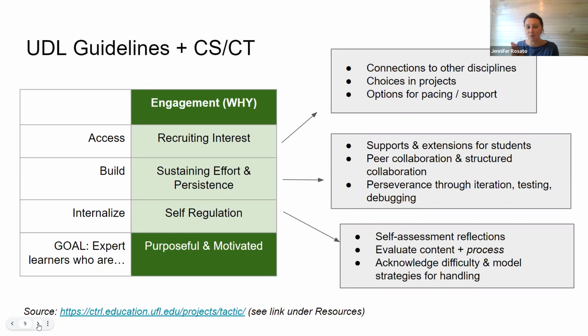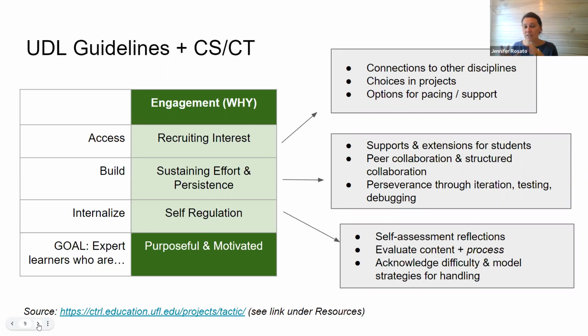And so, being able to allow the students to make those connections to other disciplines is very helpful. There's also a lot of flexibility in giving students choices in projects. And there are lots of options for pacing and support because there are a fair amount of curricula out there with videos, guided tutorials, all kinds of supports around them that students can use to help them pace.